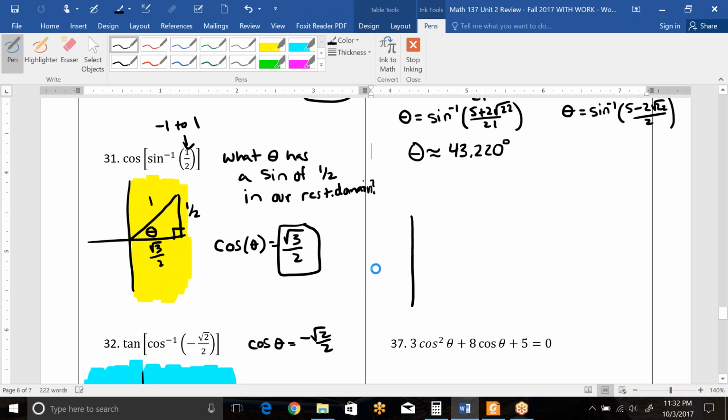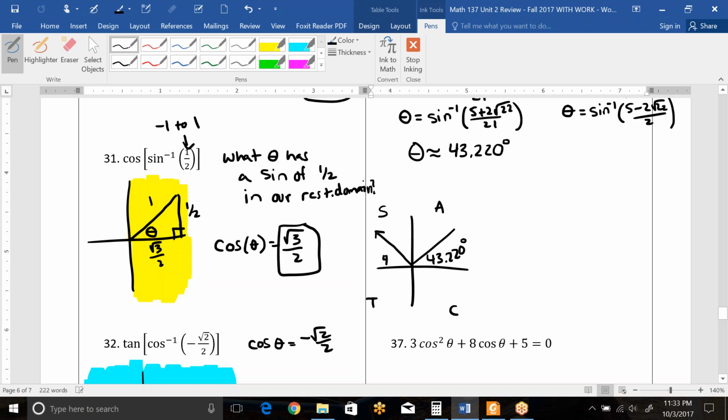Now let's think about what that actually says. So here is 43.220 degrees. There is another place where sine can have this positive ratio. Remember, this came out as a positive fraction when we checked it. That other place is in quadrant 2, where sine is also positive.